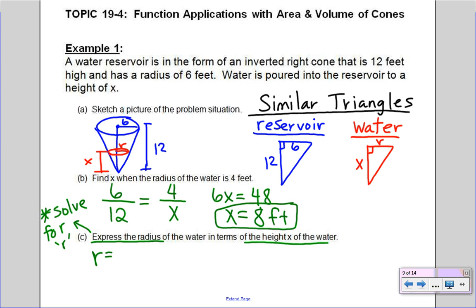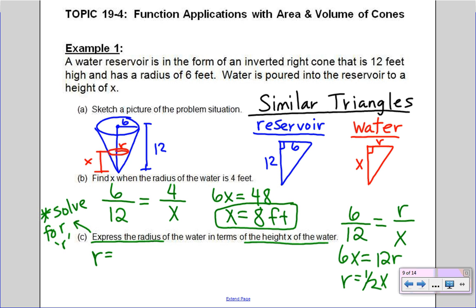If we know the height is always twice as much as the radius, then we can write our expression as the radius equals half of the height. That would be our expression.